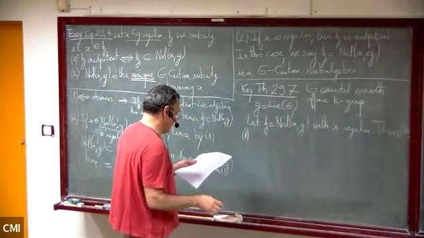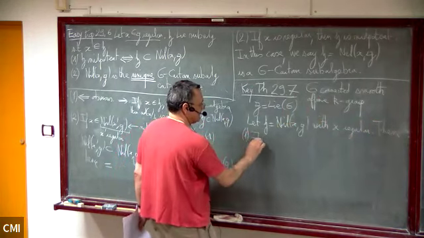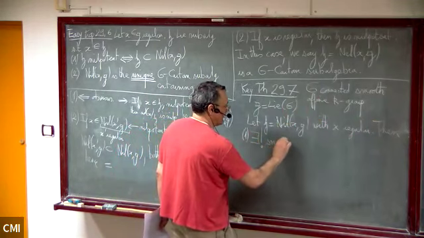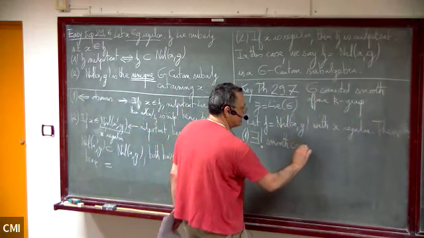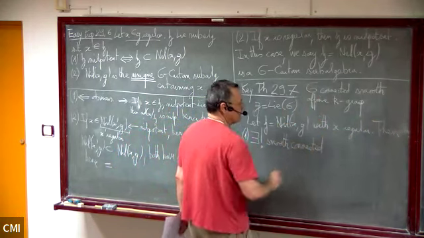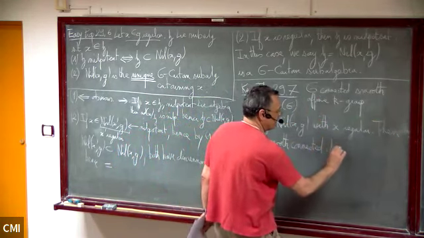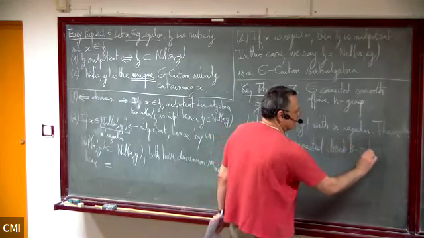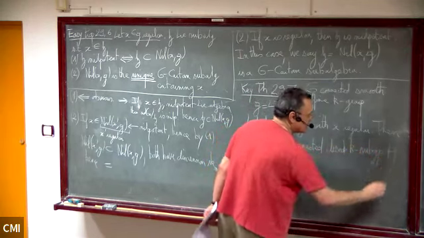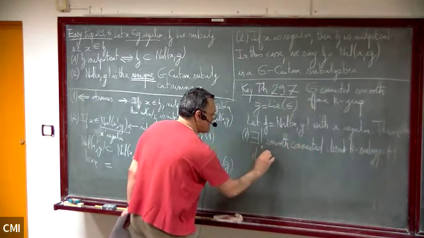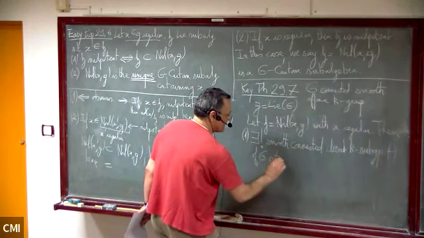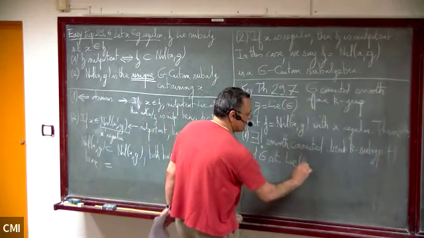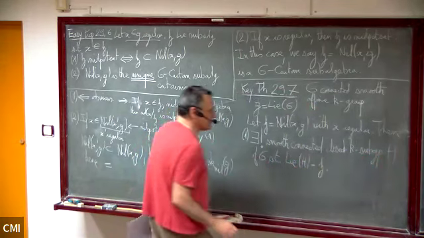So firstly, there exists a unique, smooth, connected, closed K-subgroup H of G such that the Lie algebra of H is equal to the Cartan subalgebra.